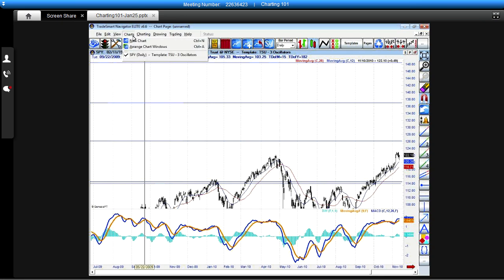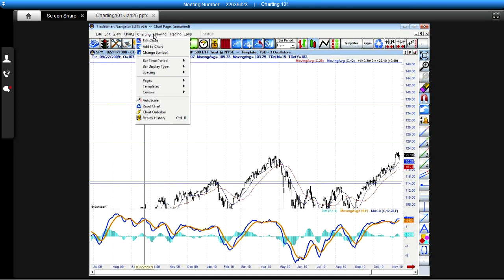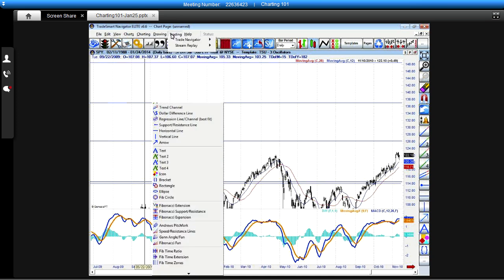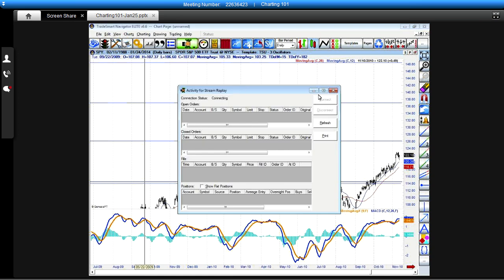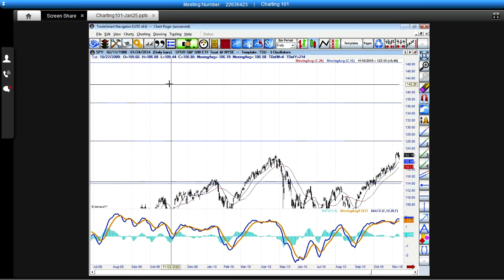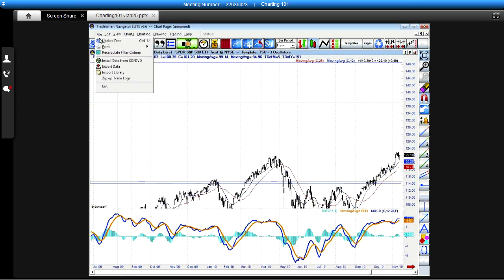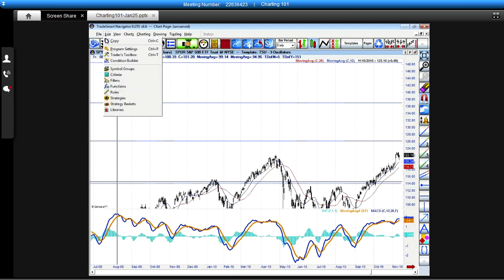It also allows for a lot of custom indicators or modifications. I've used this product before. It's pretty cool. I can't find what I'm looking for right now.